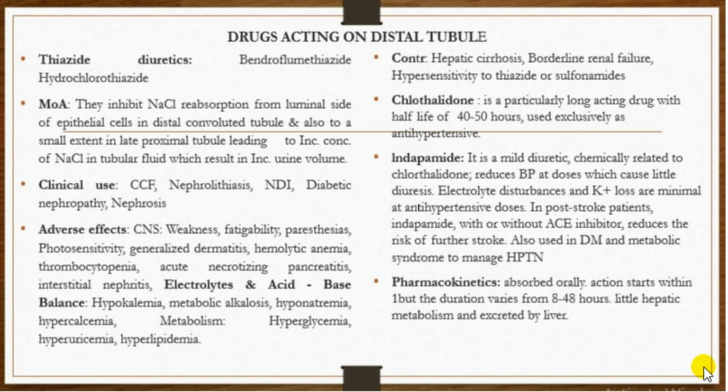We also have another indication for these drugs in hypercalcemia or hypercalciuria with recurrent calcium stones in the kidneys. So we give these drugs, and they act by reducing calcium excretion from the body. So basically that is it.